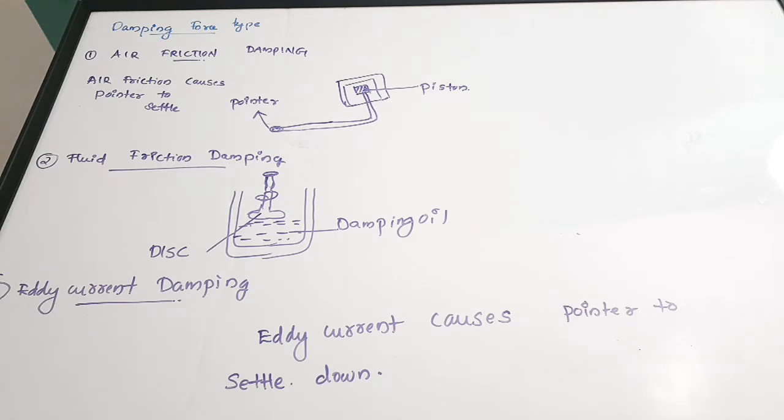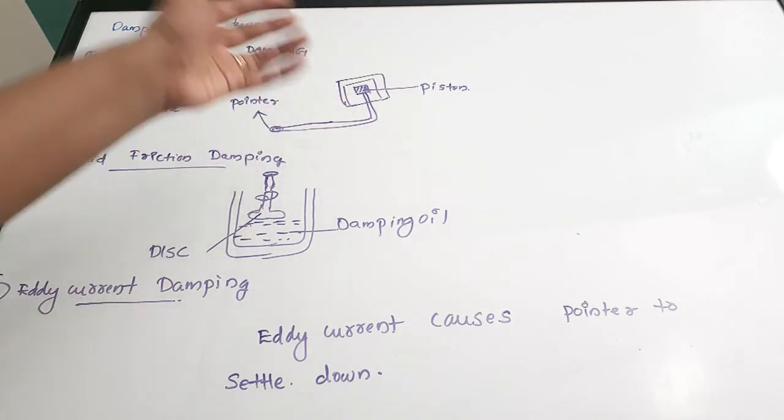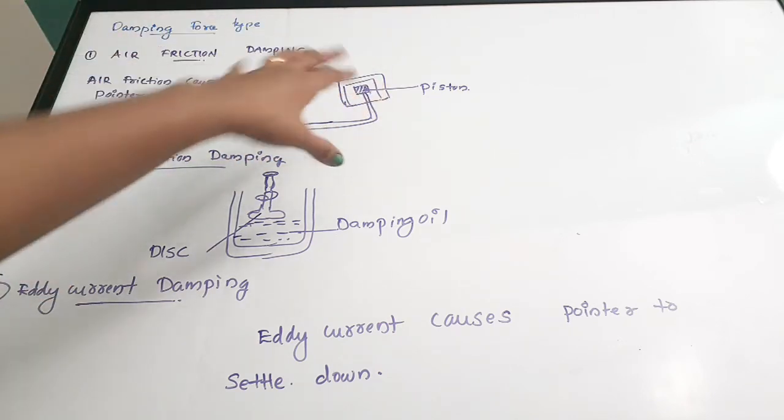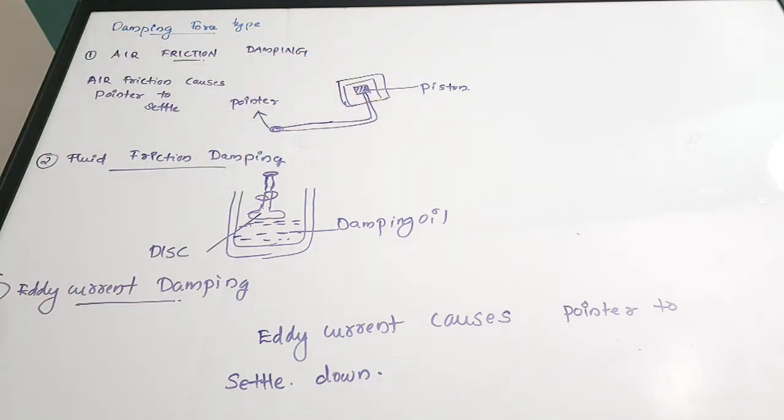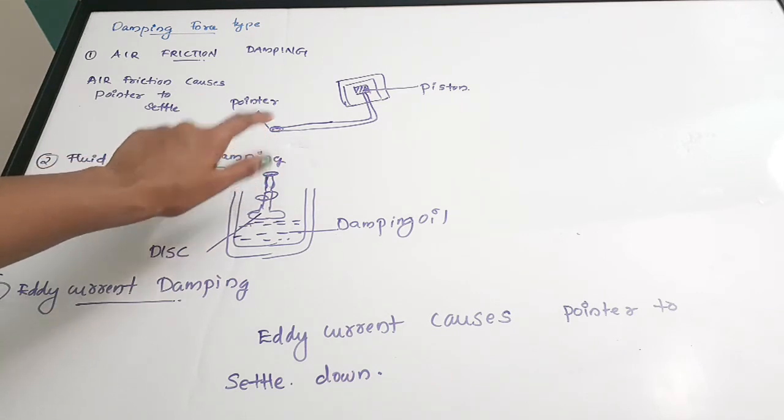The first one is air friction. So here from the name itself it is clear that the air friction will cause the pointer to settle back. So what is happening here is, you can see that there is a piston. This is an aluminum piston. It is placed in an airtight chamber, and to the end of the piston there is a pointer connected.